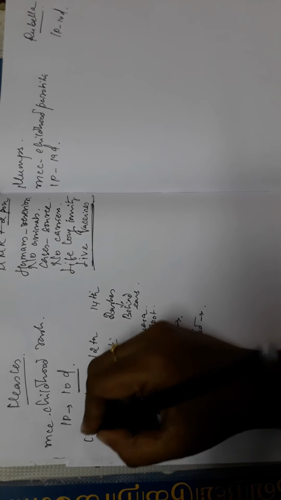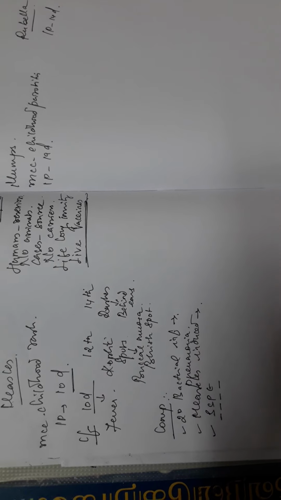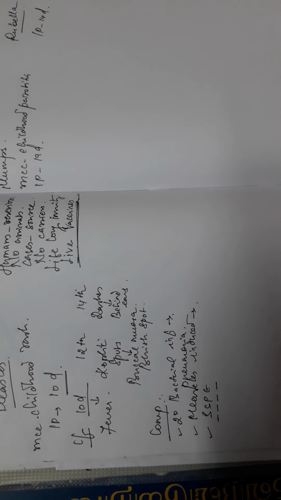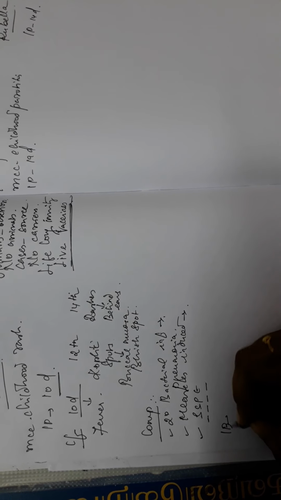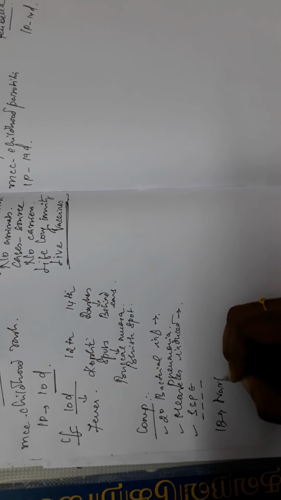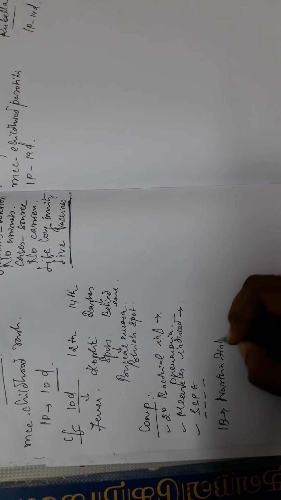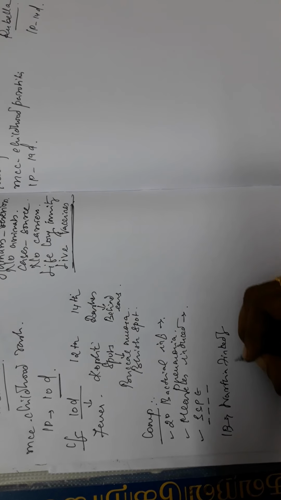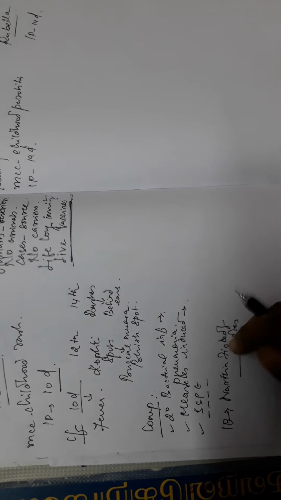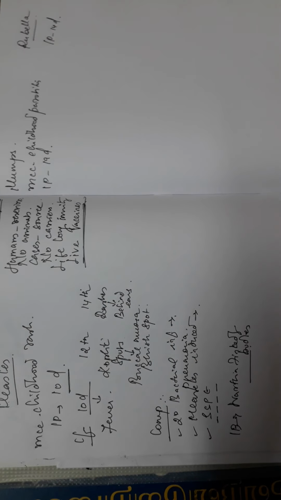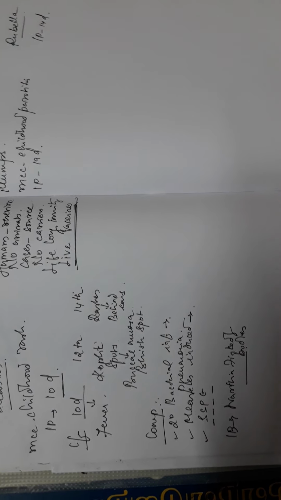So this is the clinical feature and these are the complications. An important thing which you have to know is the inclusion body, that is Warthin-Finkeldey inclusion bodies. It is a pathognomonic sign. Again, the Koplik spots are also a pathognomonic sign of measles.